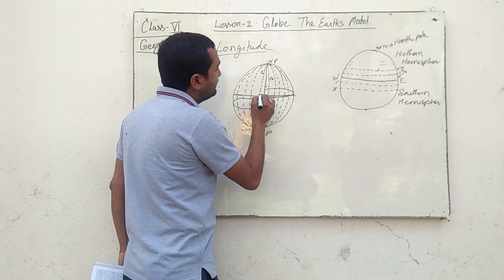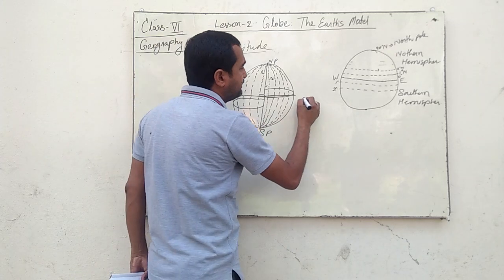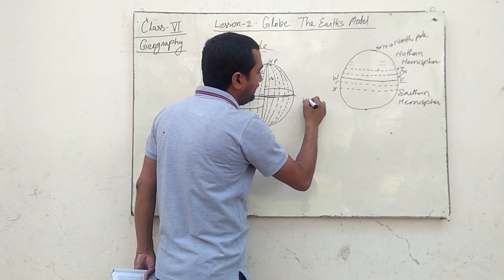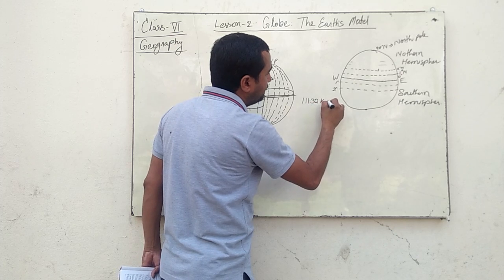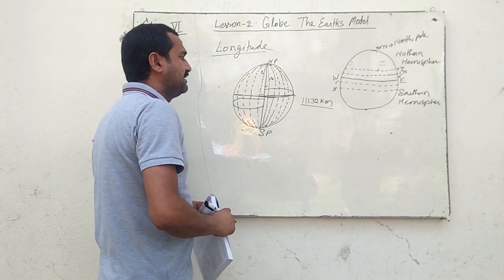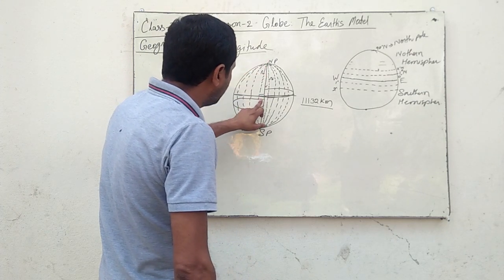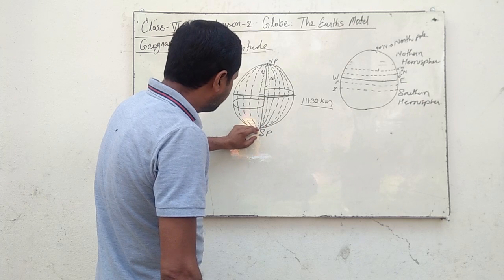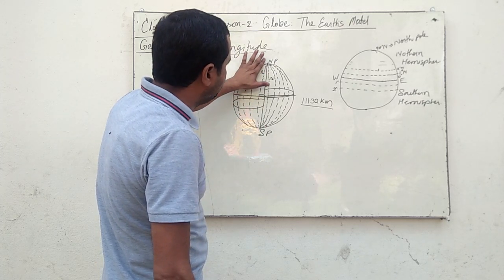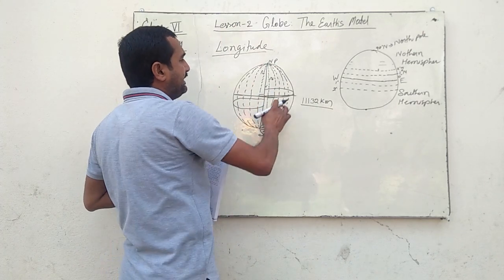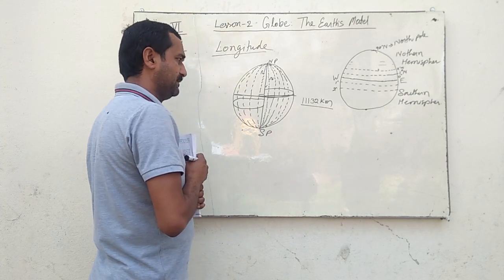So here the distance between two meridian is 111.32 kilometer. That means from north to the equator the distance goes on increasing, and again from south to equator the distance goes on increasing. That means all the meridians converge at north and south pole.